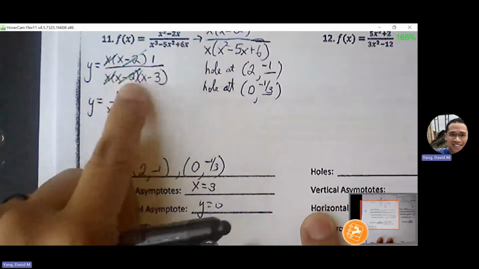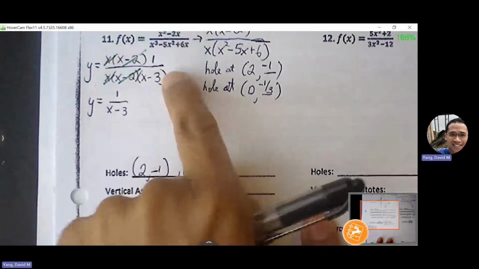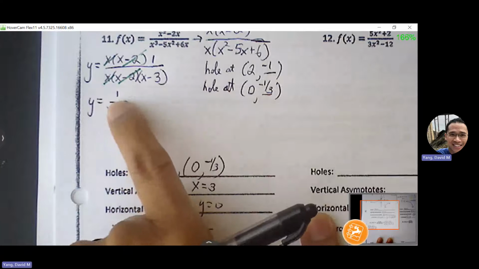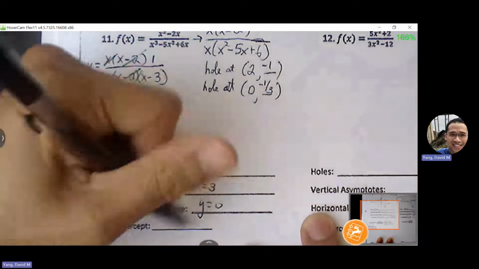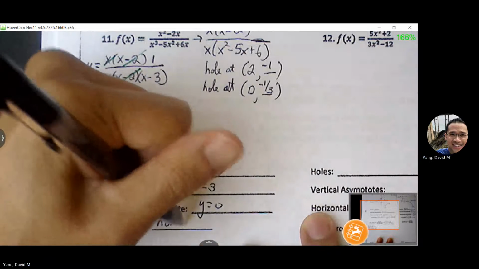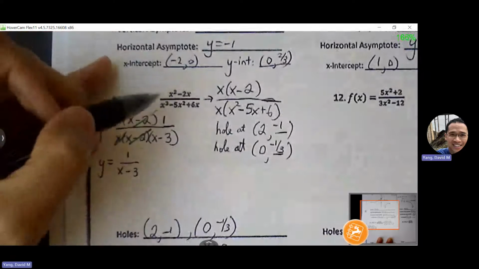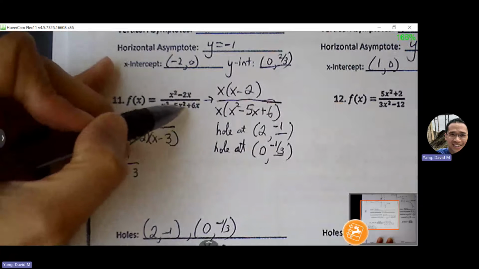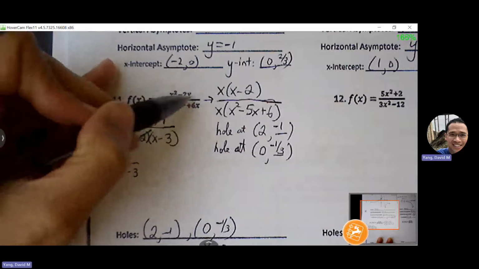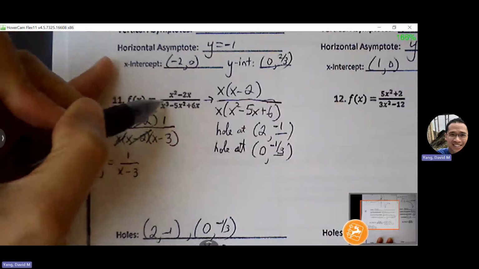X-intercept. We see that after all the holes have been removed, there's not going to be any leftover x in the numerator, so we don't have an x-intercept. And to find the y-intercept, we want to replace every x in the original function with 0. We're going to get 0 over 0. That's undefined. We don't have any y-intercept.